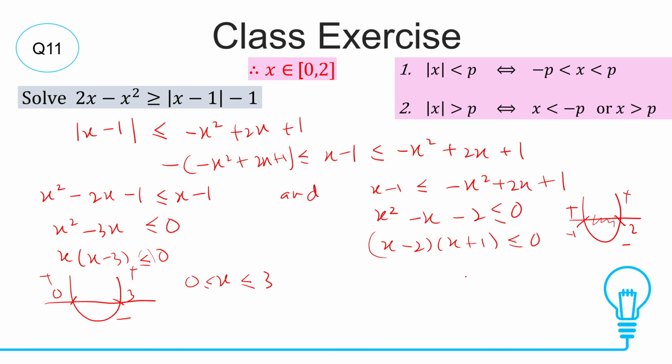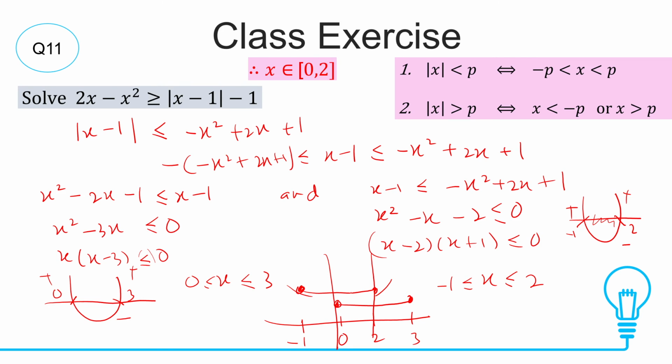So it's in between negative 1 and 2. Now we combine both answers. We have the smallest negative 1, 0, 2, and 3: 0 and 3, negative 1 and 2. The intersection is only here, so it's between 0 and 2 only.